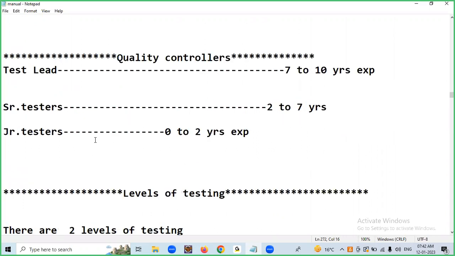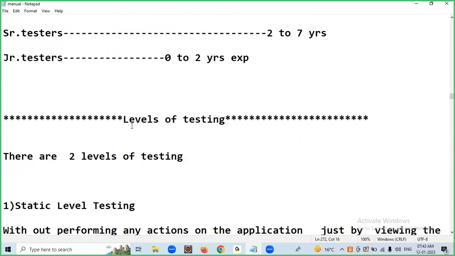Next. Let's move on to the next concept, levels of testing. Basically, there are two levels of testing.